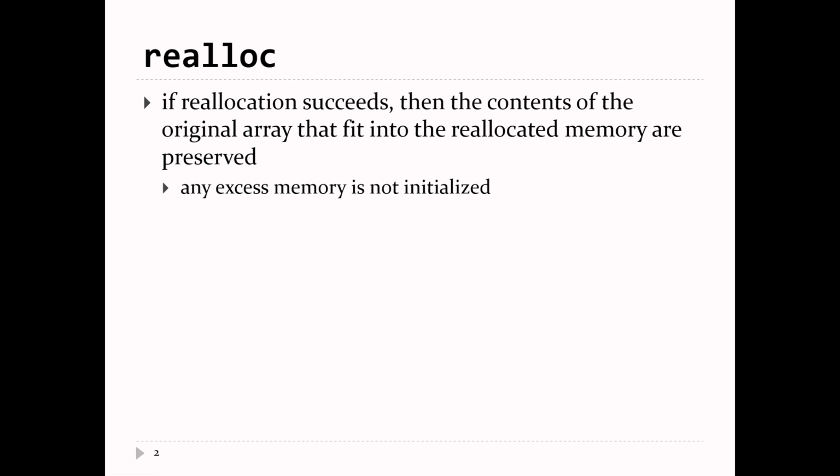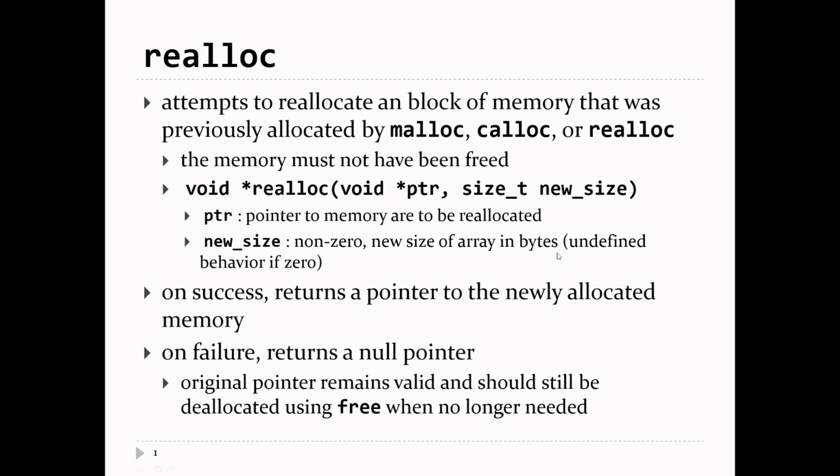If reallocation succeeds, then the contents of the original array that fit into the reallocated memory are preserved. So realloc doesn't necessarily make a larger array. You can decrease the size of a previously allocated block of memory, and anything that fits in the block is still there.